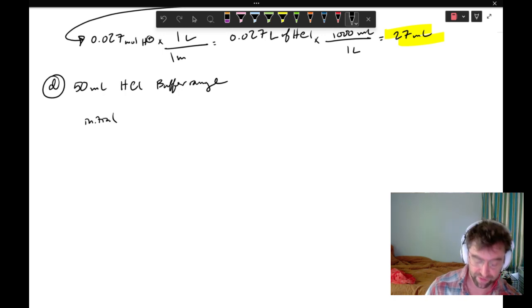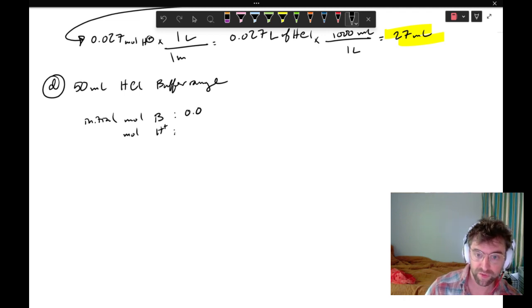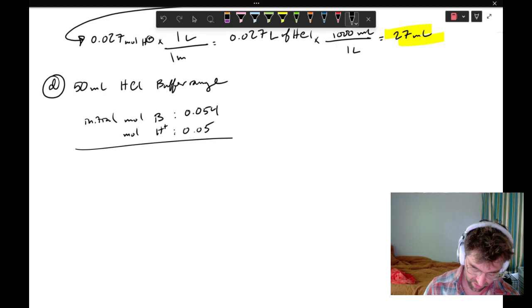We had that initial moles of base, and we're adding protons. Our initial was 0.054, and we're currently adding 0.05 because it's a 1 molar solution. The volume is equivalent to the number of moles, which makes it really easy.